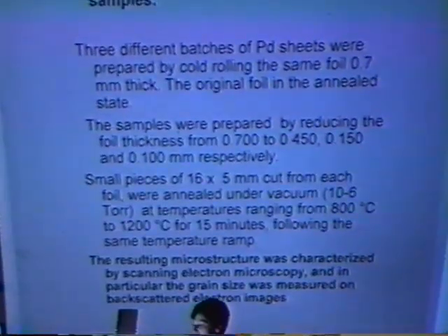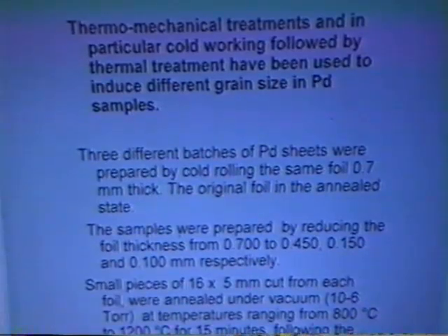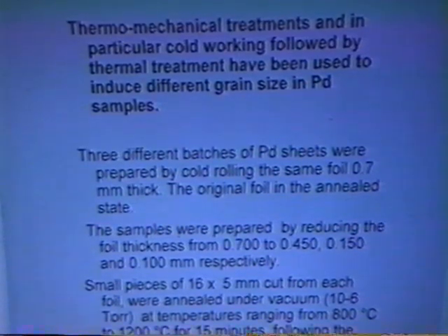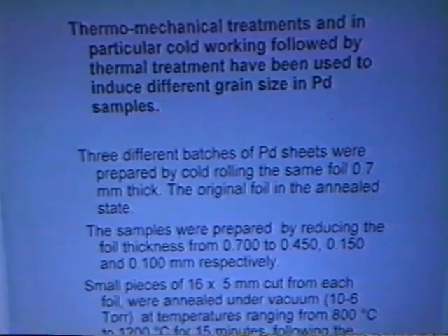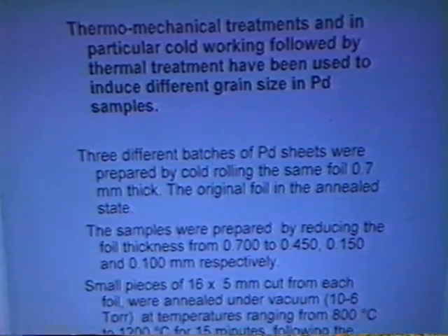This is the experimental procedure that we use. We perform different thermomechanical treatments. We use cold working, just by rolling, and then thermal treatment of the sample, scanning the temperature range and the time of each treatment. We prepare three different batches, starting from a single piece of palladium, and we reduce the thickness to three different thicknesses.